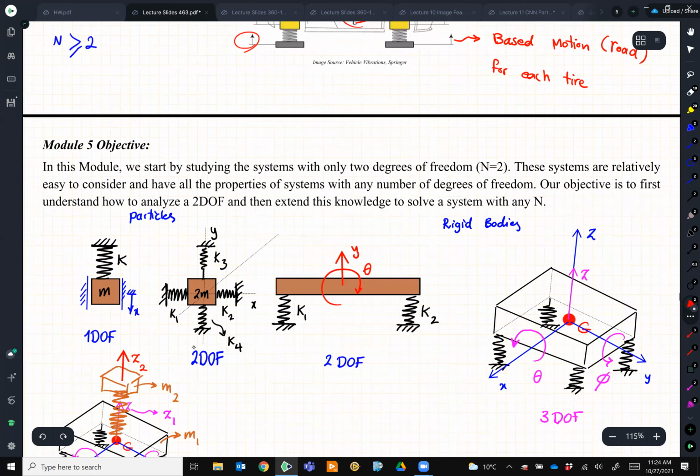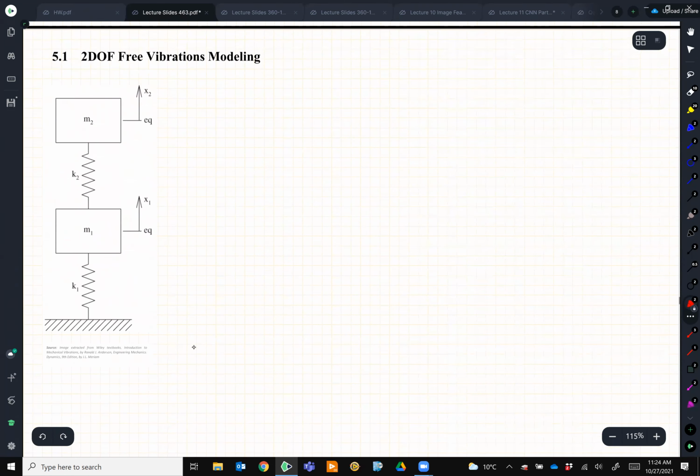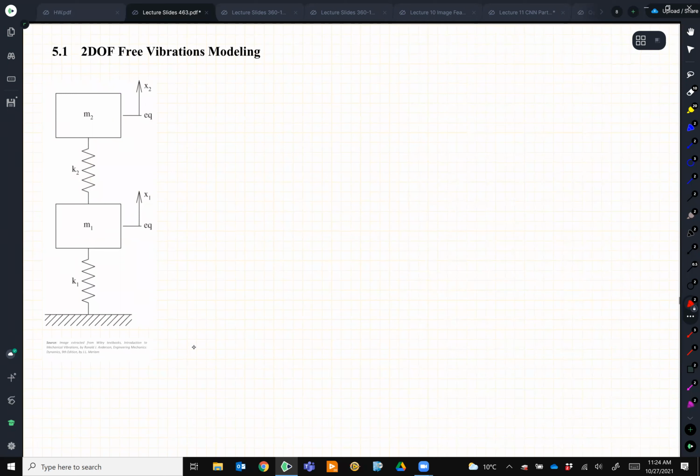So let's then start with the simplest possible model. 2 masses on top of each other, connected with springs. M1, M2, K1, and K2.